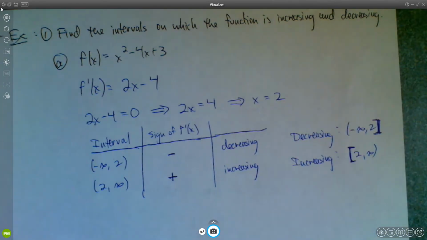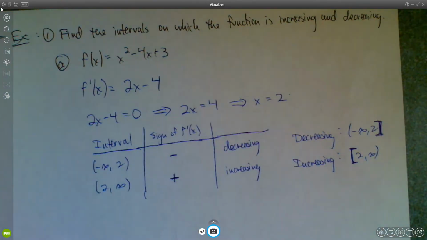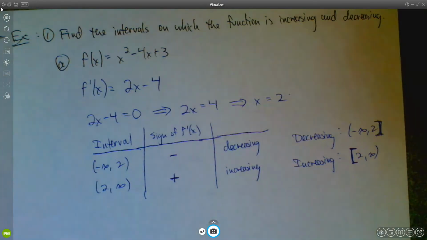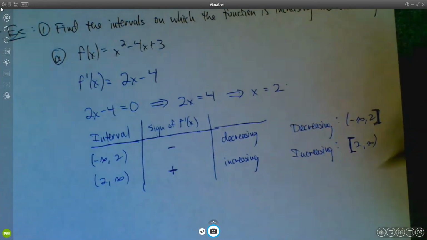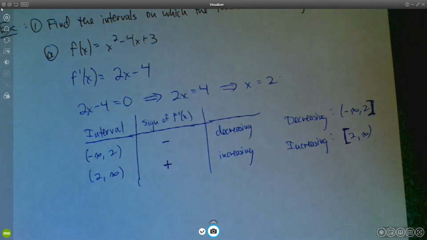I don't love that, to be honest with you, because I think that at 2 itself, it's neither increasing nor decreasing, right? At 2 itself, that's where it changes from decreasing to increasing. So I don't love having the closed interval, but I think I'm following the convention of your book, right? So this is what the book is going to say. These are the answers that you would get in the back of the book.